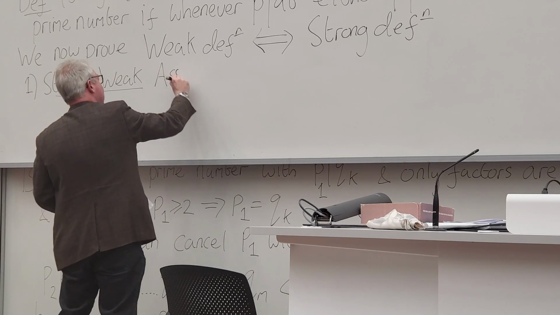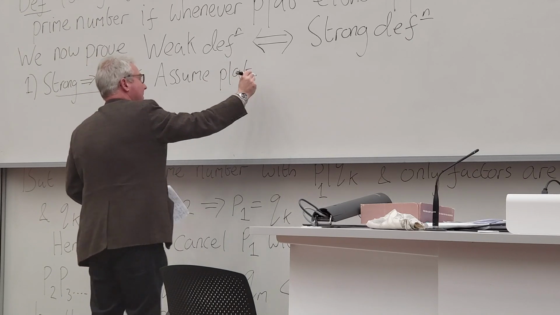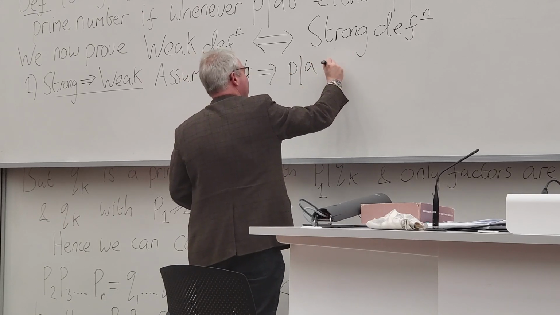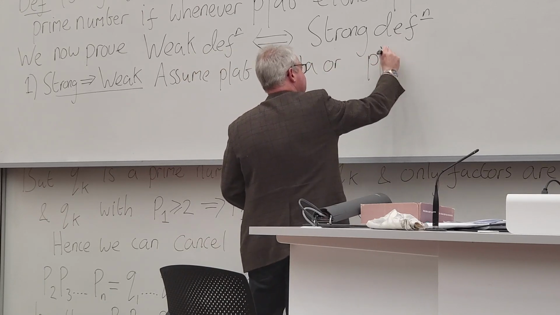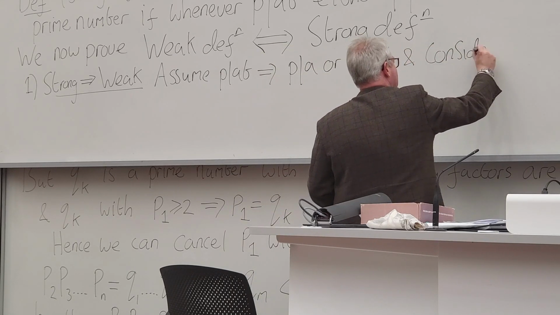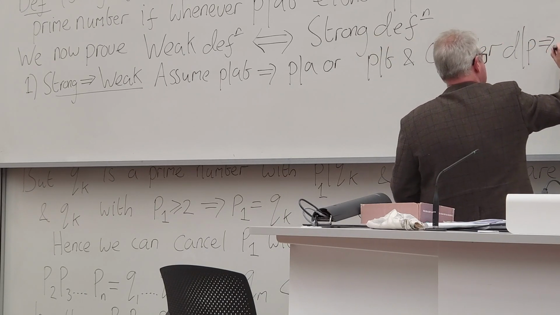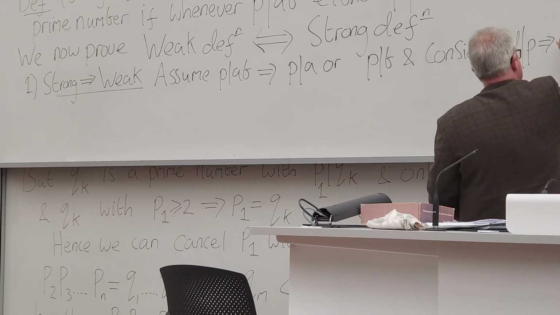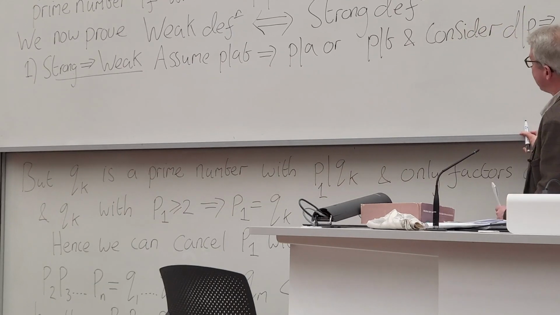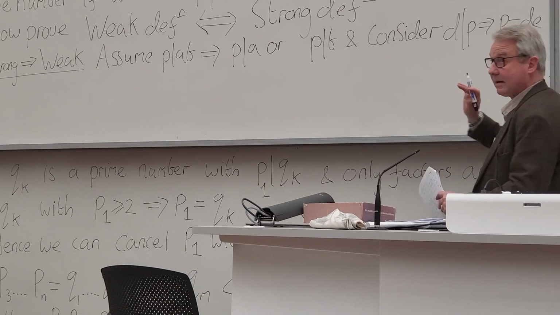So we assume p divides ab implies p divides a or p divides b, and we consider d divides p implies p is de. So we want to be able to deduce that either d is p and e is 1, or e is p and d is 1.